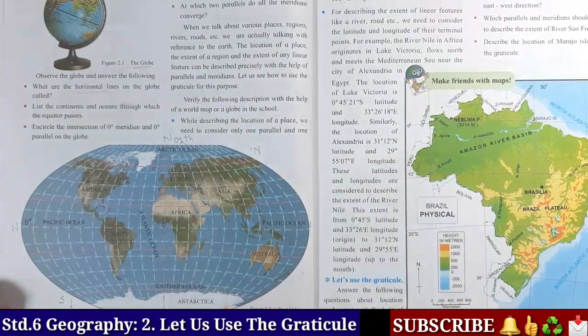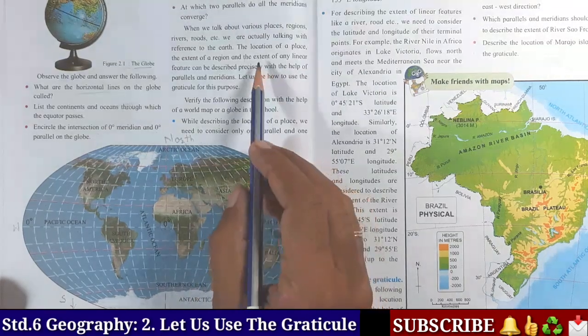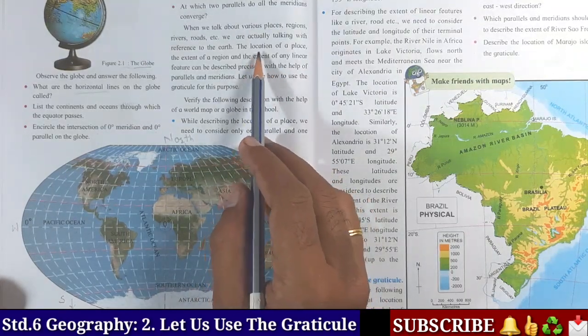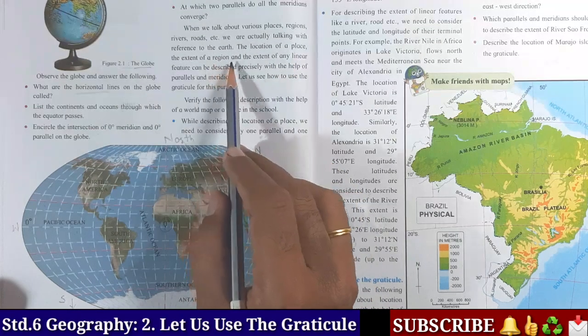Earlier I told you that meridians, or the graticule, are used to locate or identify a place, so here we can identify where the place is located or situated.